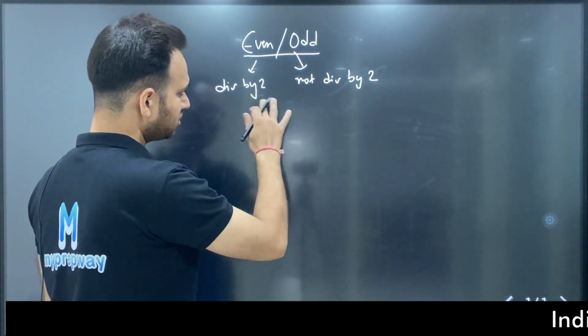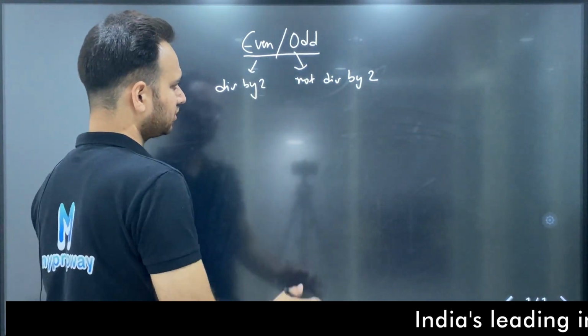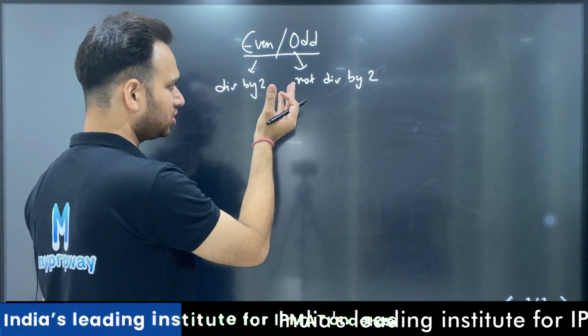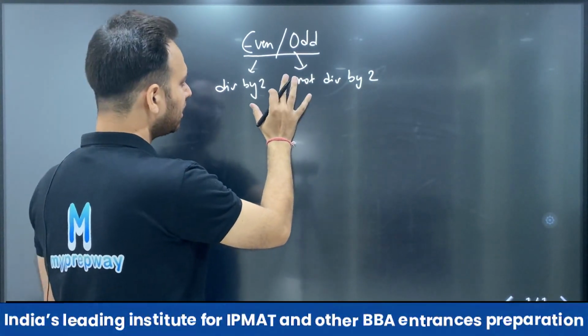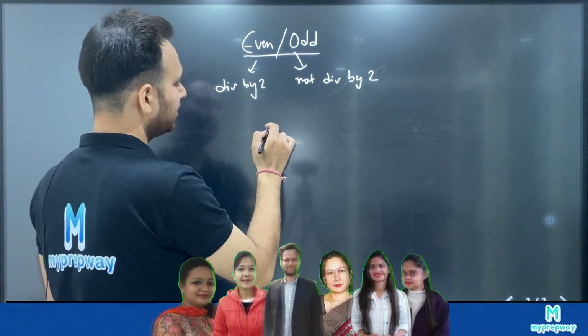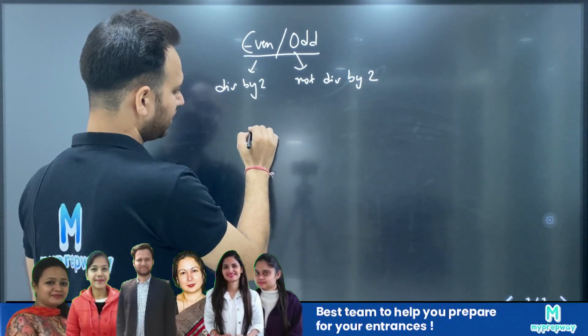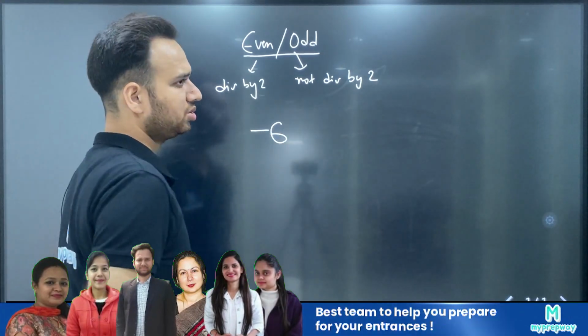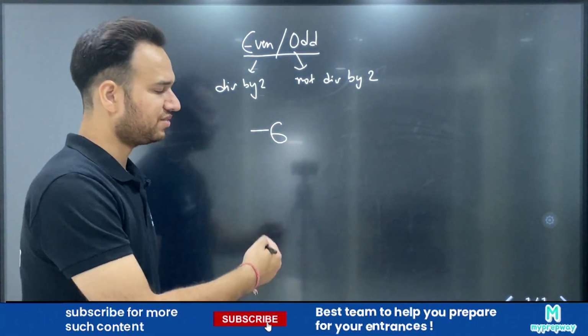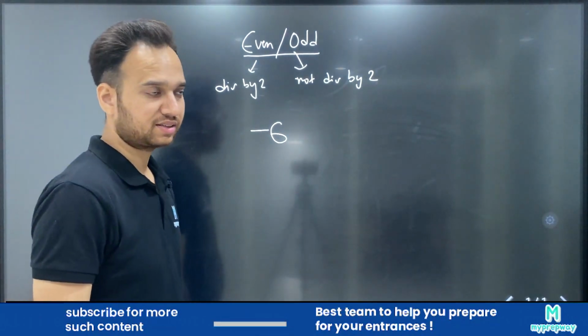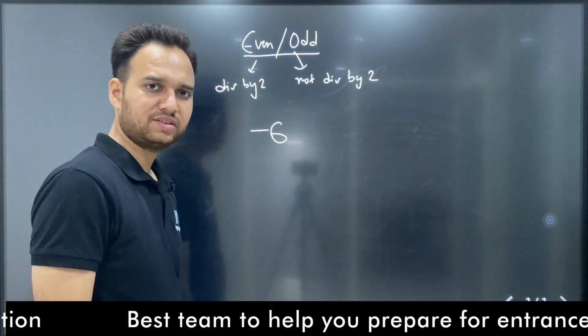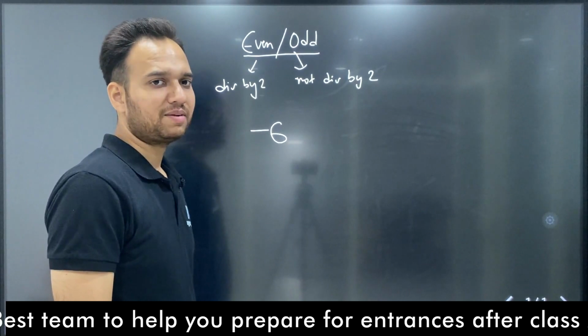Now, there is something missing in this definition. The limitation is that suppose I write something like -6. You will not be sure whether it's an even number, odd number or nothing. Obviously, we can say it's not an odd number, but it could be nothing.